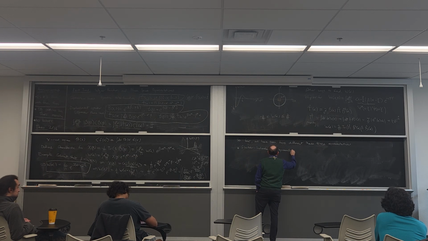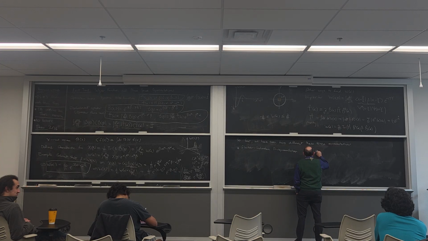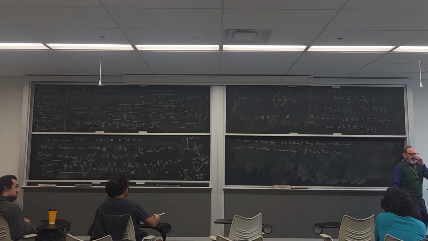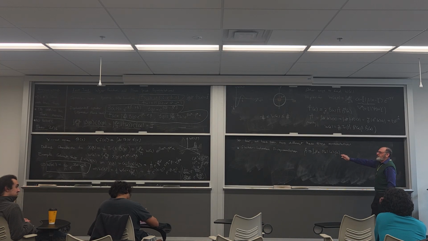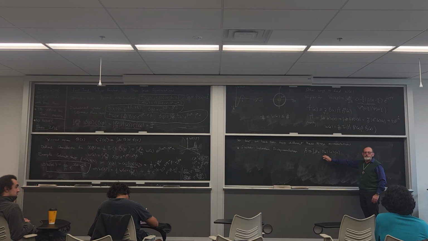And the way we defined it is we said, we're going to write the state as a statistical mixture of coherent states. And this defined a phase space representation.